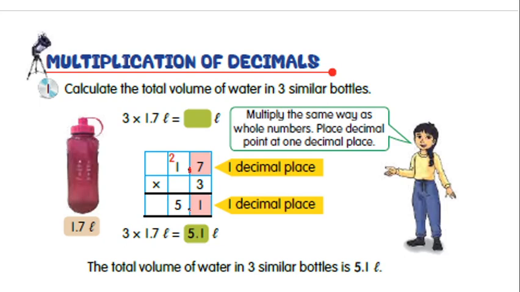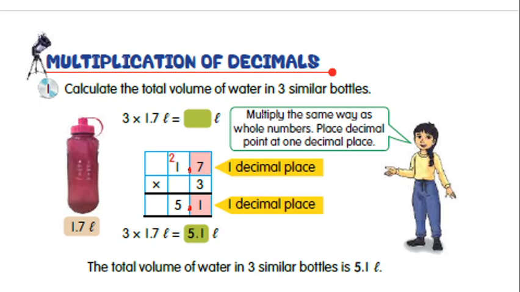So the answer is also need to have only one decimal place, satu tempat perpuluhan juga. Okay, kena ikut soalan dia, satu tempat perpuluhan, so jawapan dia pun ada satu tempat perpuluhan. So you will have your answer 5.1 liter.